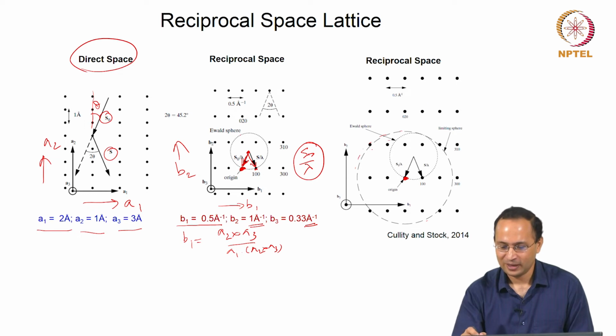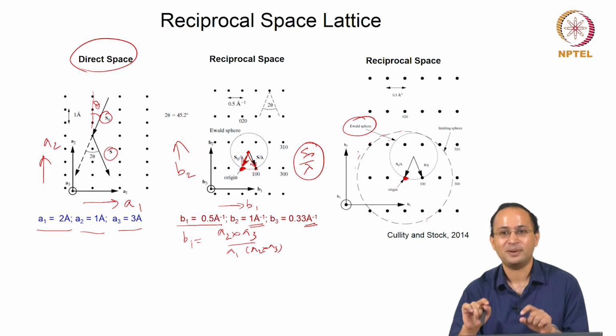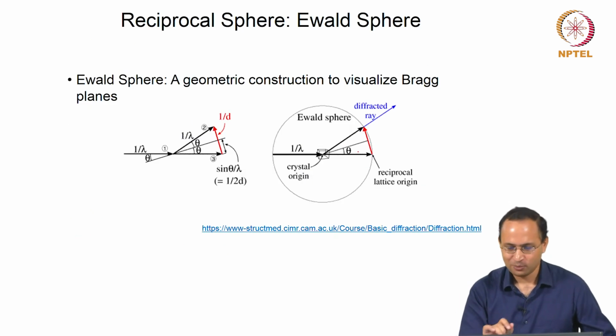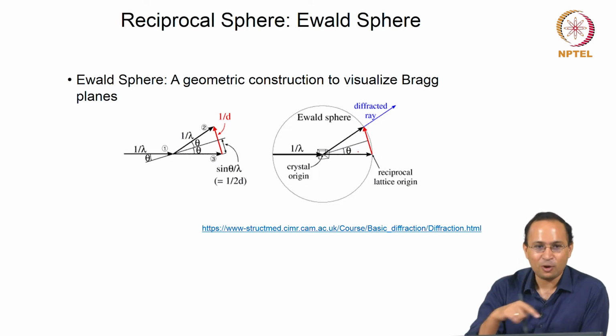Only diffraction will occur at the points where this sphere cuts. This is called the Ewald sphere, and where it cuts those points, those are the points where the Bragg's law is satisfied. You will appreciate this more as we go on.